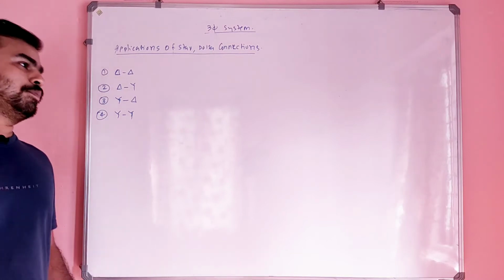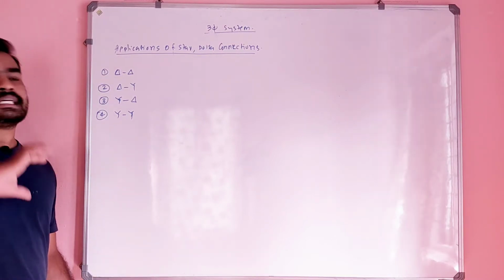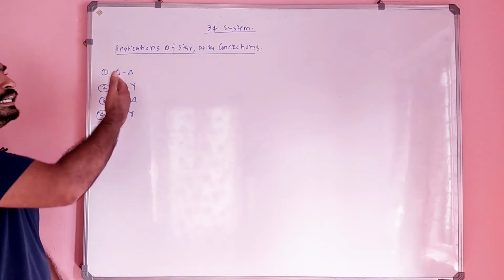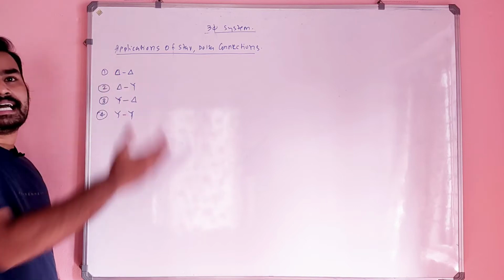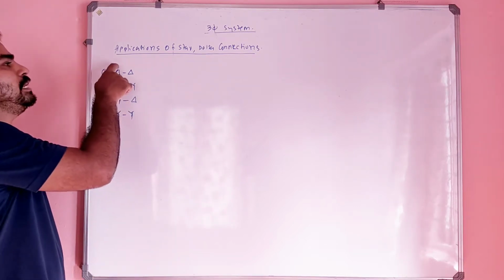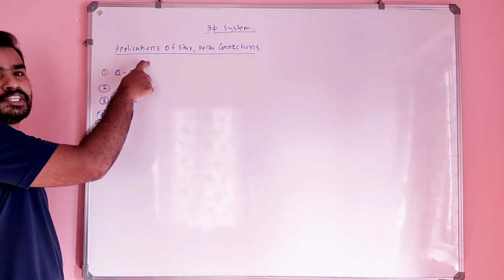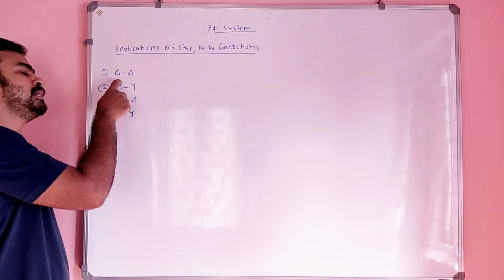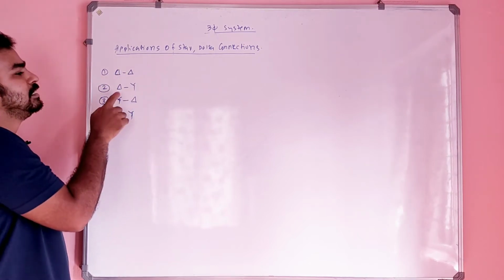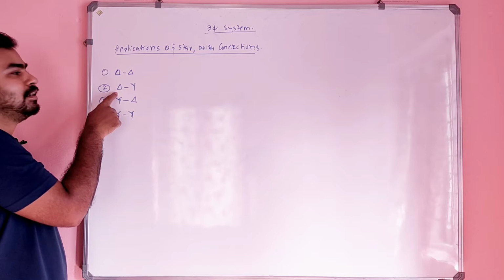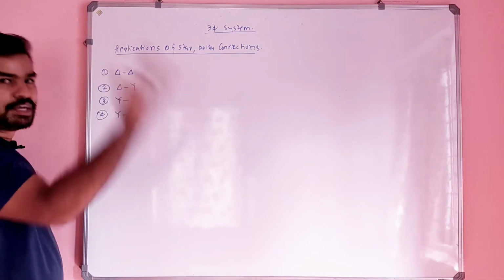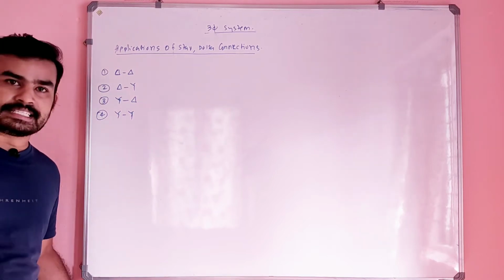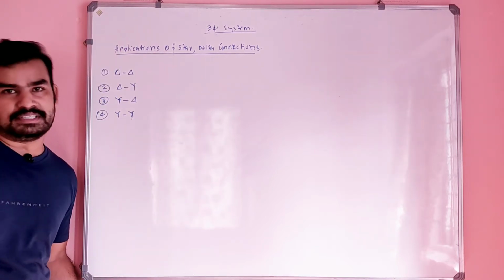Probably in the case of a transformer or alternator, we can use star and delta connections in different ways. It may be delta and delta, and it may be delta and star. This delta may be connected to the generator side, or to the load side, or the transformer side, or the motor side. So one part is connected to the generator side and the other part is connected to the load side. That is the meaning.